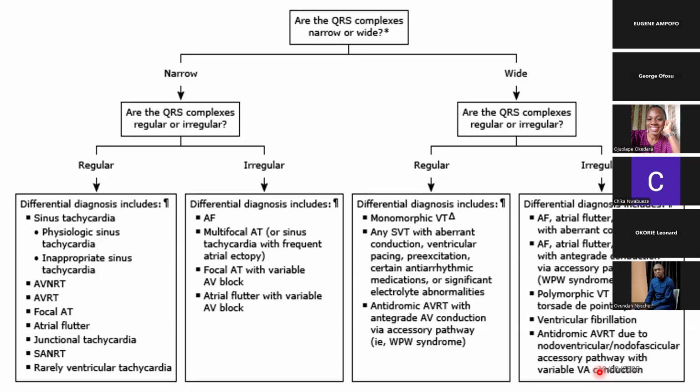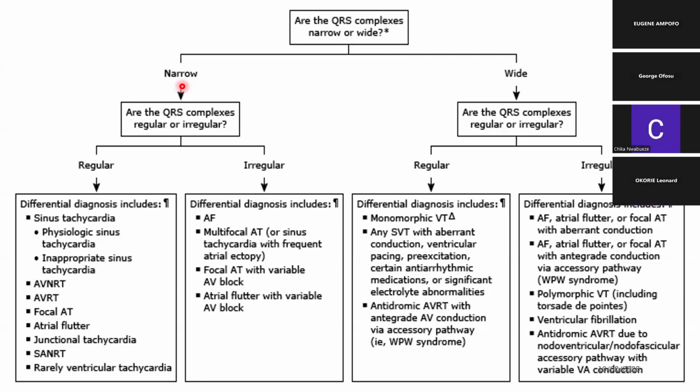So if the QRS complex is narrow, then you come to this side. Are the QRS complexes regular or irregular? If the QRS complex is narrow and regular, then this will be the possible differential diagnosis: physiologic sinus tachycardia, inappropriate sinus tachycardia, AVNRT, AVRT, focal tachycardia, and the rest.